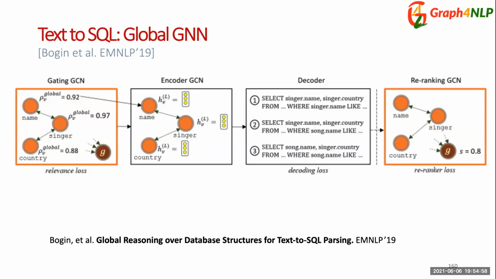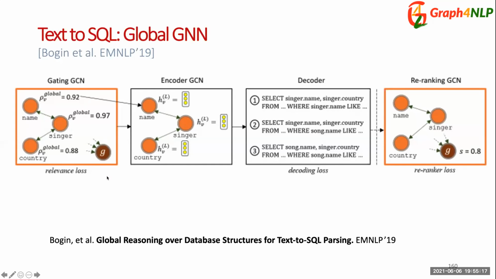The input to the gated GCN is actually the same graph as we discussed a couple of minutes ago, except we add a new node called V global. This is basically the new node that captures all the other nodes.